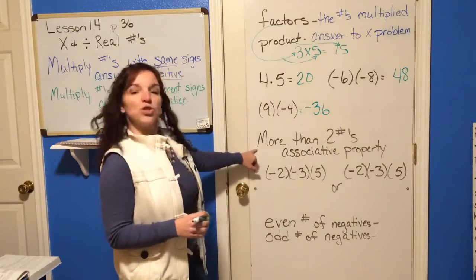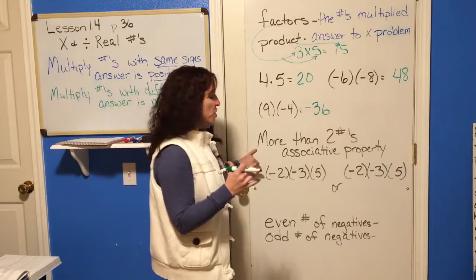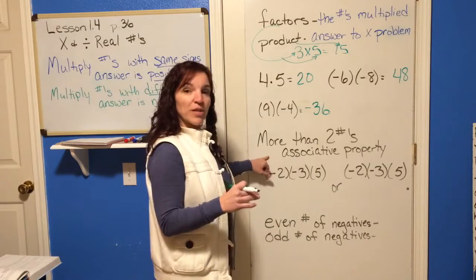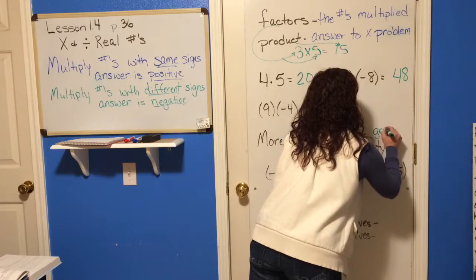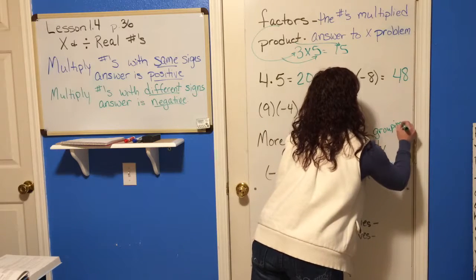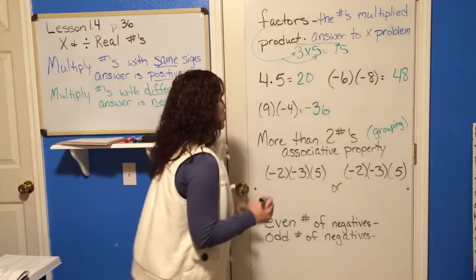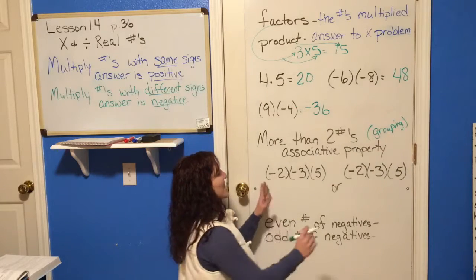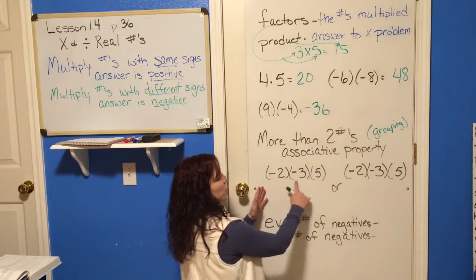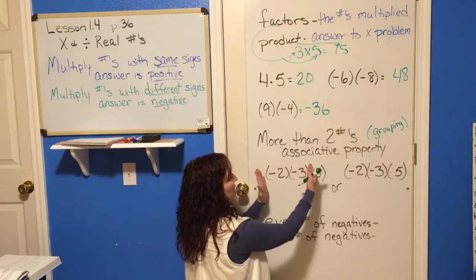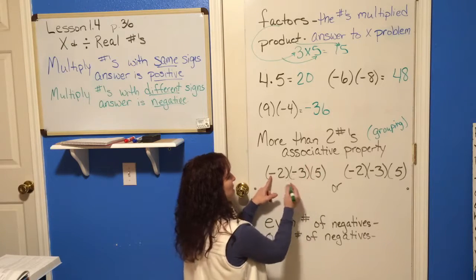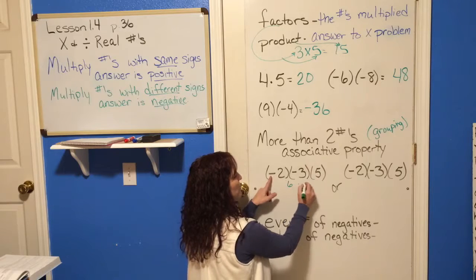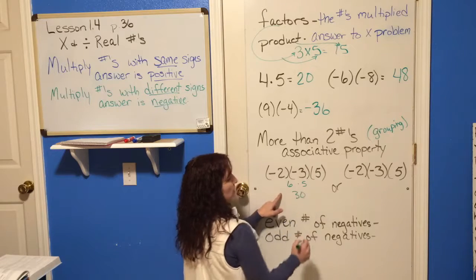If you've got more than 2 numbers, remember you can use the associative property. The associative property says that you can change the grouping. If I've got -2 times -3 times -5, I can take -2 times -3. They're both negative, so it's a positive 6, times my -5 is -30.